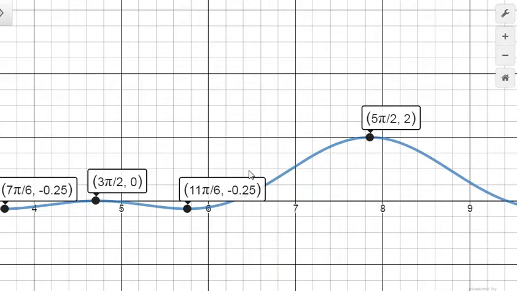Let's try problem number 40. So back over here.